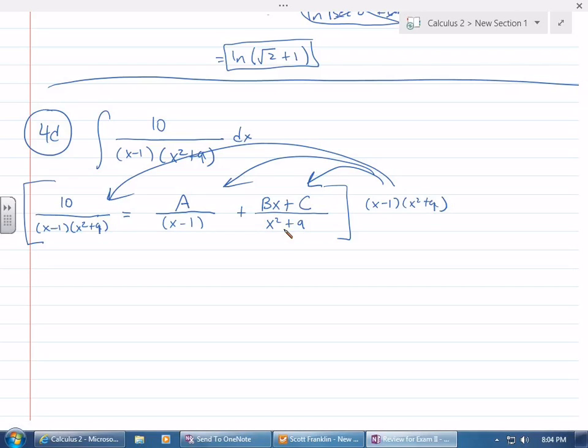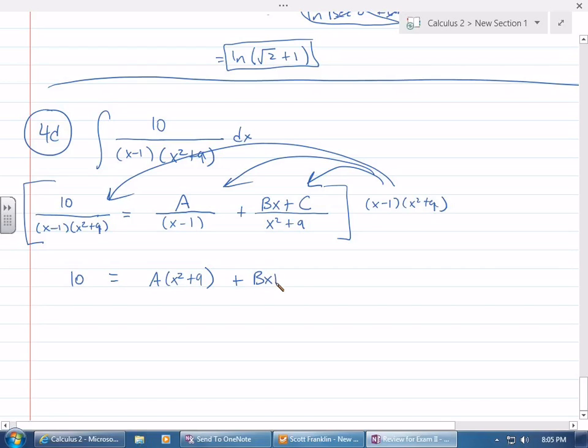On the right-hand side, it means distribute it to everything. What happens on the left is everything cancels, and I have just 10. On the right-hand side, on the first term, the x minus 1's cancel, so I have A times x squared plus 9. And on the second one, I have Bx plus C times x minus 1.